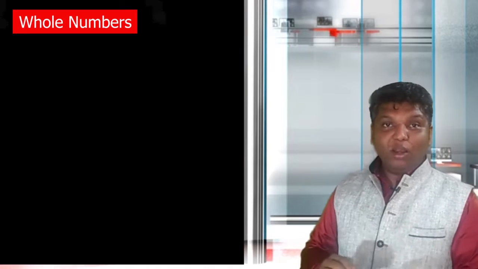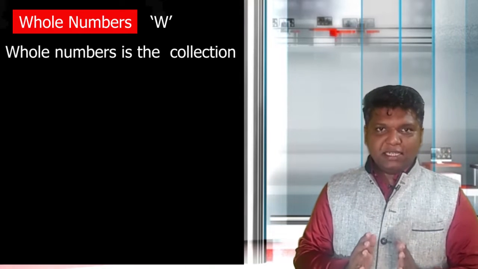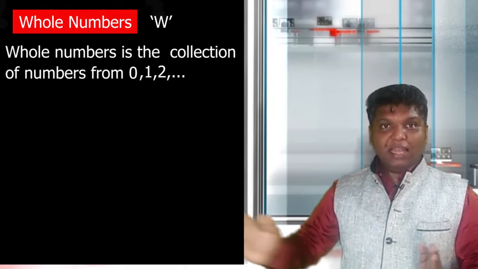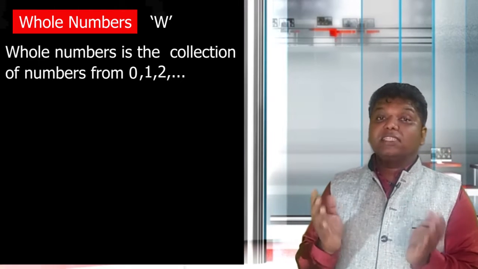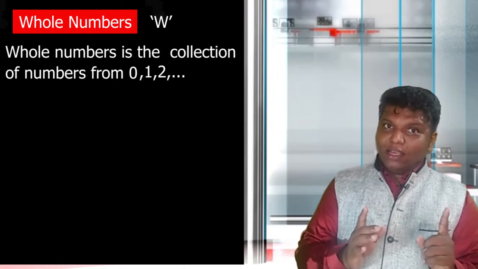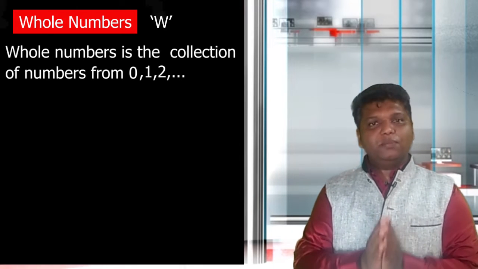You can see here the whole numbers. It is denoted by the letter W. So whole numbers is the collection of numbers 0, 1, 2 like that. It includes all the natural numbers along with 0. Altogether this set is what we call the whole numbers.